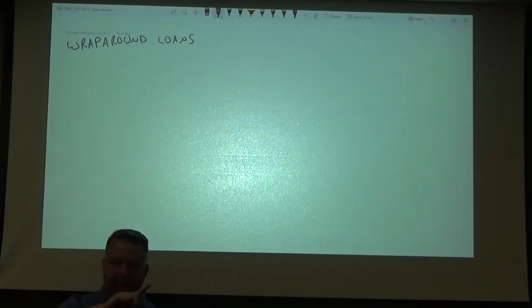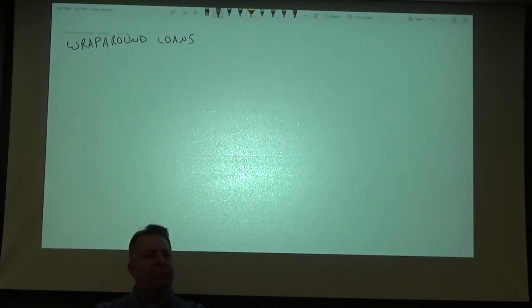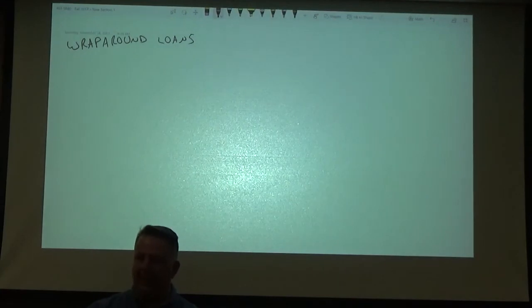But here's the thing. They are then going to make the payments to me for the original loan. Okay? And that's why it's called a wraparound, because basically you're going to keep the existing loan, but then this new lender is going to wrap around it, and you're going to only have to make one payment to the wrap lender, okay? And then they will subsequently make the payment to me for the original loan. Does that make sense conceptually?